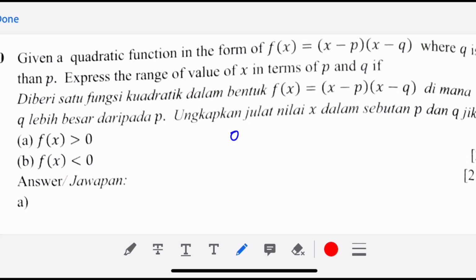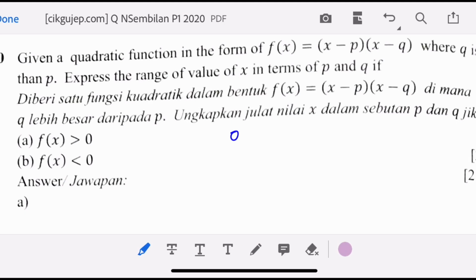Basically, when you see a function, it's actually a graph with y equal to, normally, a quadratic function. So you can sketch out the function. When a is positive, you will have a happy face, and when a is negative, you will have a sad face.